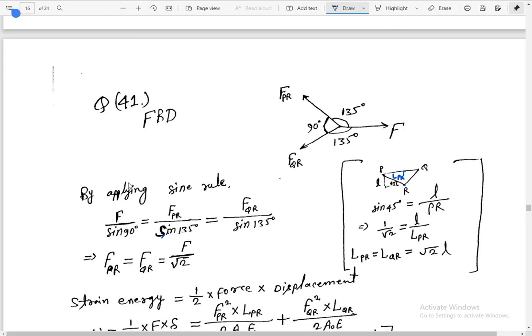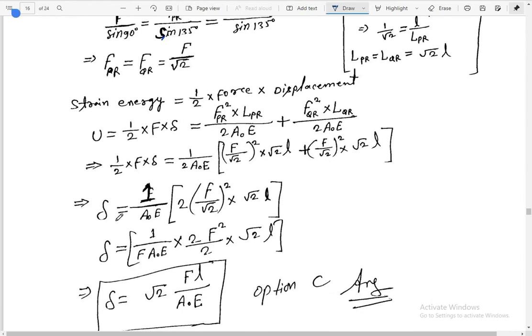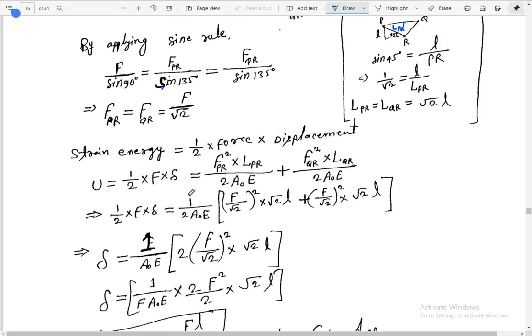We have the strain energy formula, 1 by 2 force into displacement, equal to 1 by 2 F square into LPR divided by 2 A0 E. This is the formula, force into displacement, force into length.